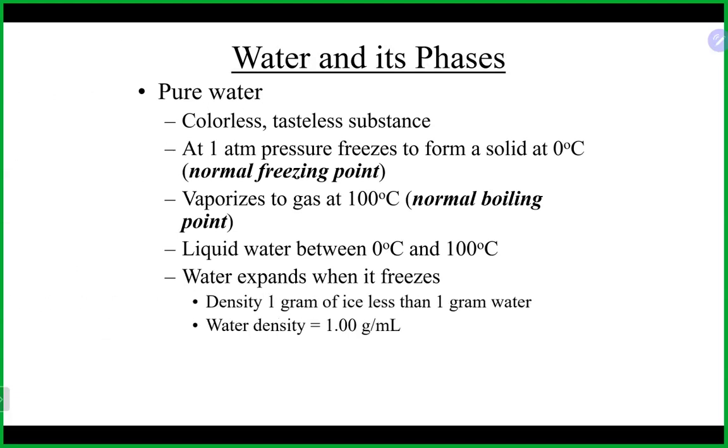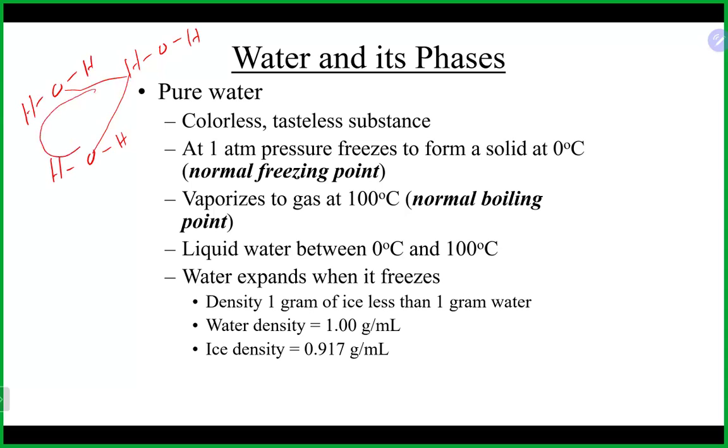One of the unusual properties of water is its density. It's one of a few substances where its solid state is actually less dense than its liquid state. And as we'll see a little bit in this chapter, one of the reasons is that in the solid state, when these water molecules come together and bond with each other, it creates a lot of open spaces between the different water molecules.